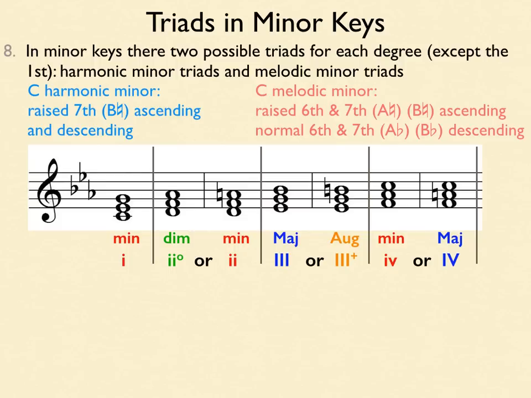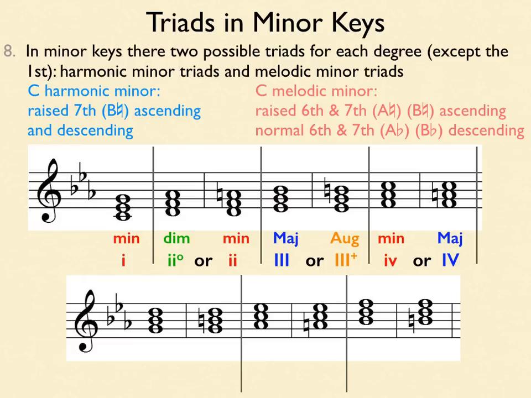You don't have to memorize all of these, but you just have to be aware that if you're going to analyze a piece of music that's in a minor key, there could be many different types of triads or chords that you may have to be familiar with. Just between the tonic and the subdominant triad, the first 4 degrees of the scale, you have minors, diminished, majors, and augmented. So loads of different types of triads.